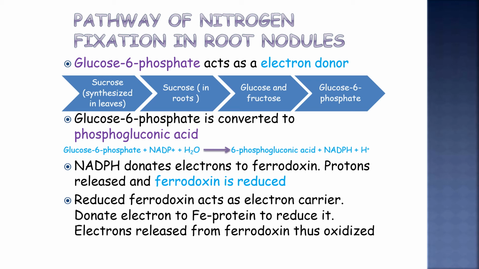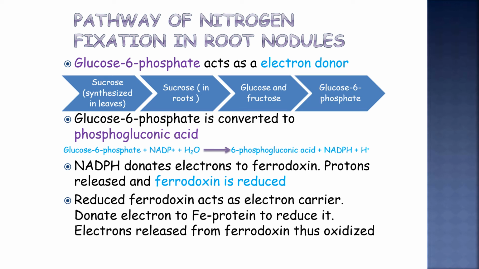Now glucose 6 phosphate is converted to phosphogluconic acid. Glucose 6 phosphate plus NADP plus 1 molecule of water gives 6 phosphogluconic acid plus NADPH and a hydrogen ion.